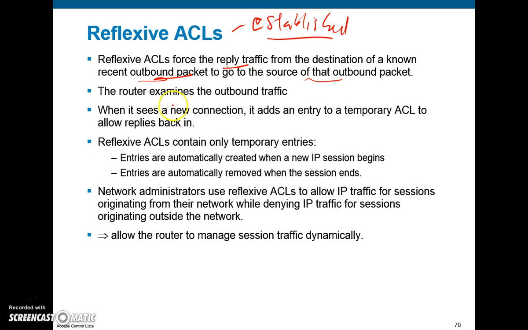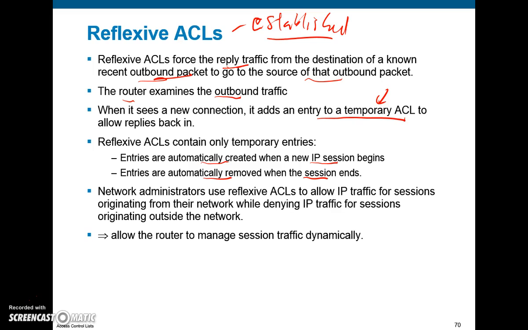Basically the router will examine the packet that's going out and keep an entry in the router, and when the packet is trying to come back, you will create a temporary ACL to allow the reply packet to come back. So this is a temporary ACL. It will be created when the IP session begins, and will be removed when the session ends.